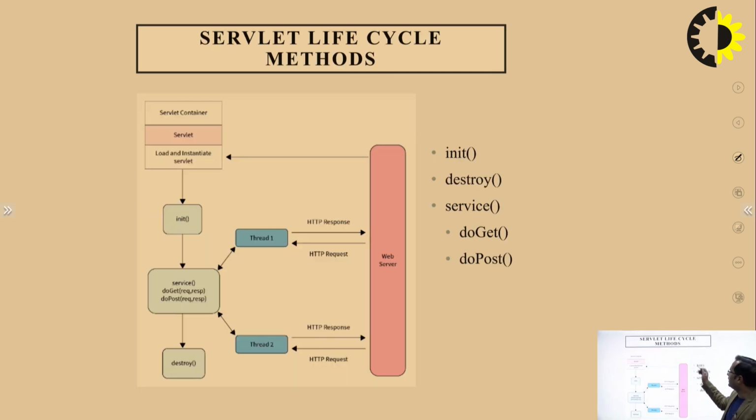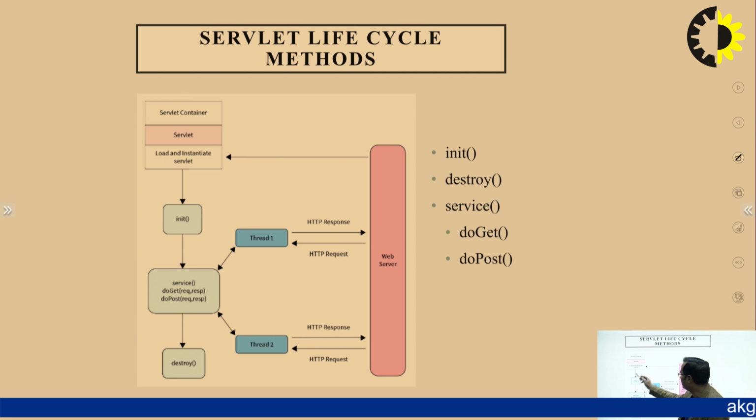We can understand the servlet lifecycle methods by this example. This is the servlet container. When the servlet container receives a request initiated by the client, to process that request it first calls the init method to initialize the servlet.